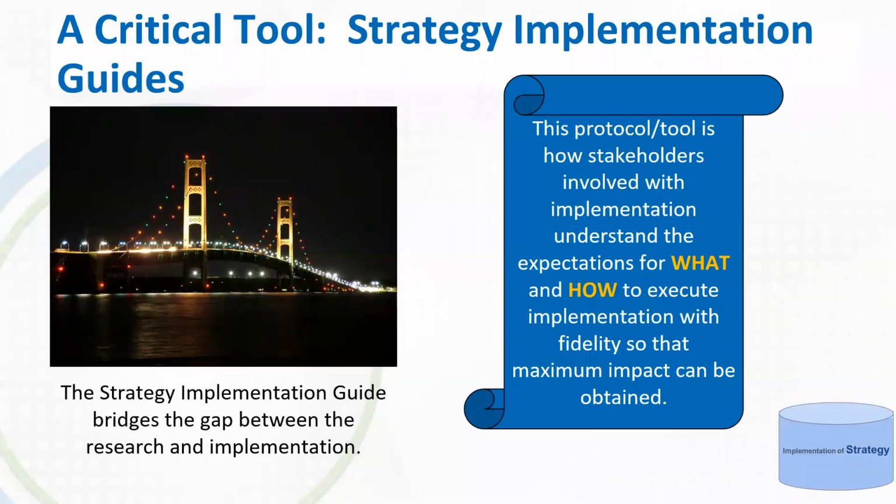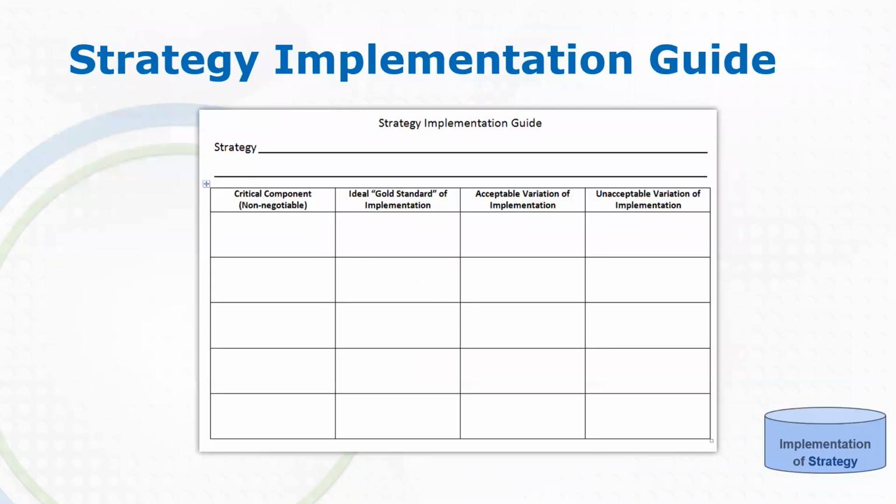This protocol or tool is how stakeholders involved with implementation understand the expectations for what and how to execute implementation with fidelity so that we can receive maximum impact. So let's take a look at the features of such a guide.